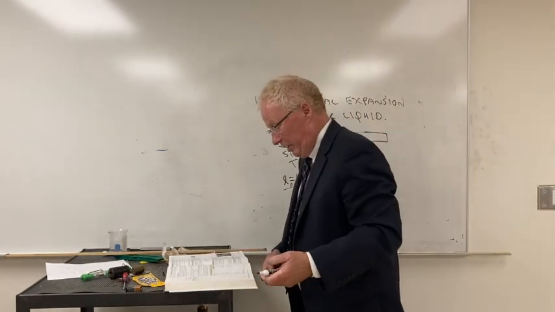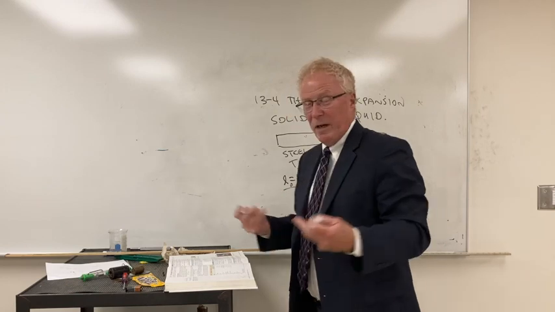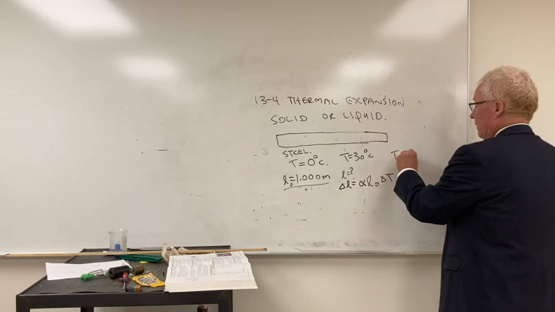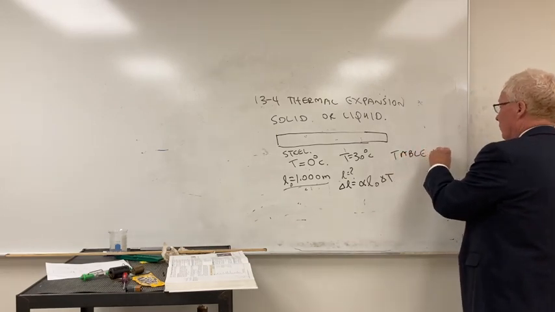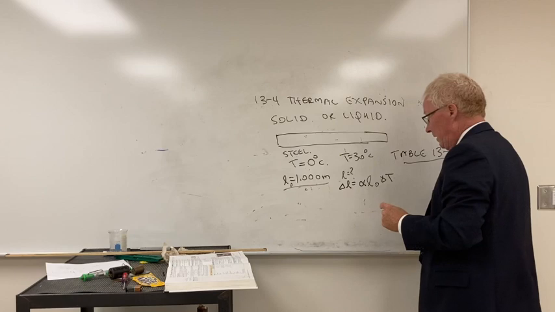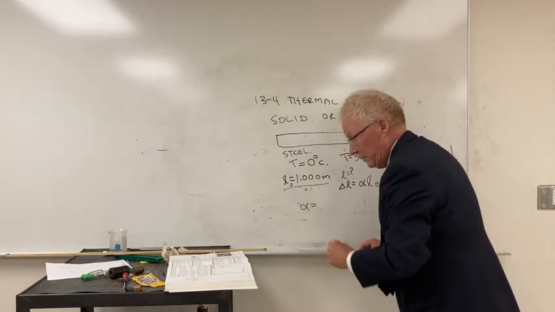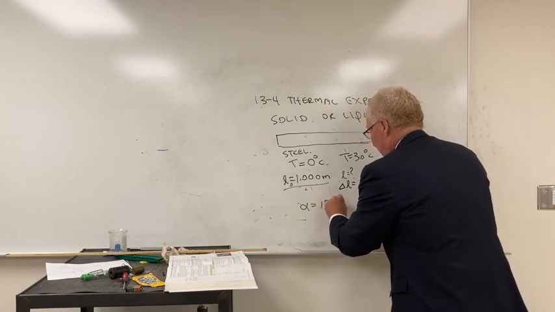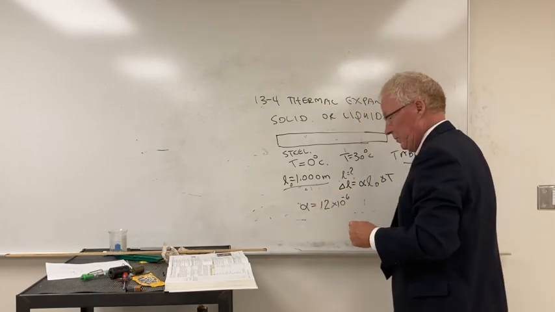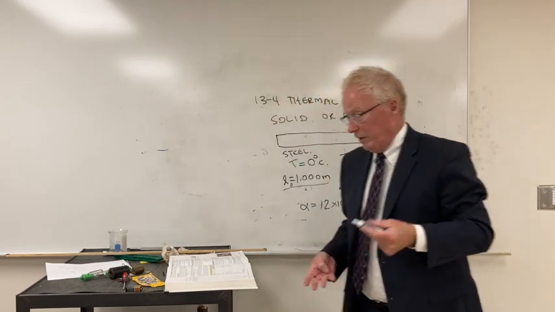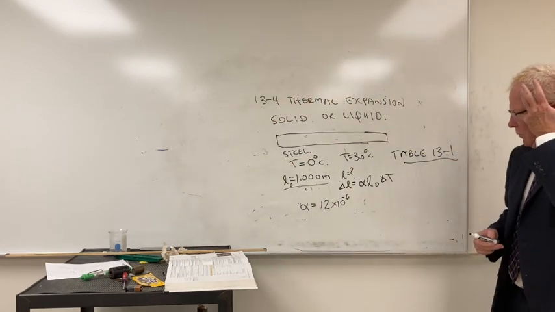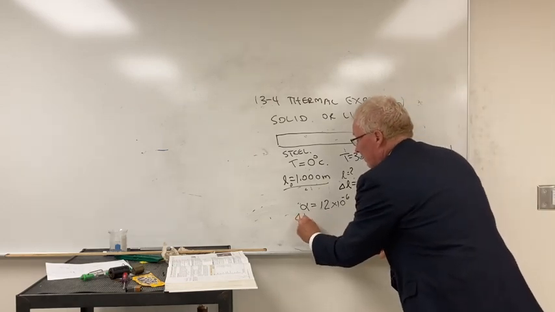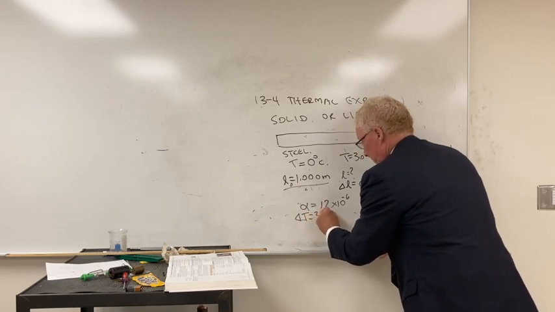So what we have for steel, from table 13.1, is alpha equal to 12 times 10 to the minus 6th. So that's in parts per degree Celsius. So what would this mean then? We have delta T is 30 degrees Celsius.